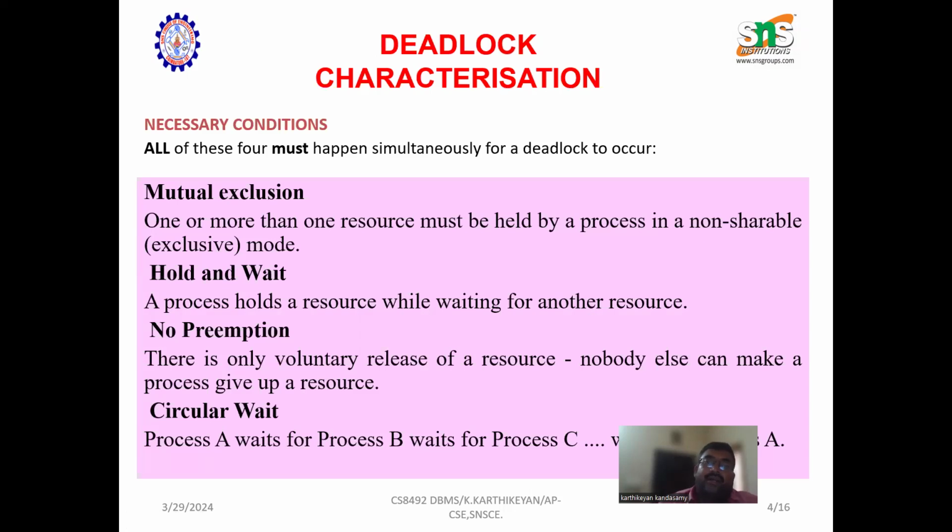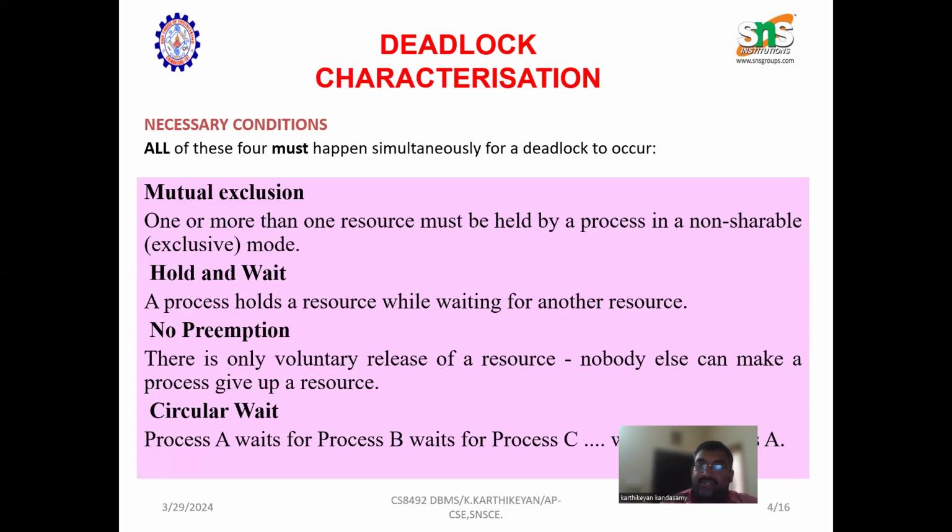So this is deadlock characterization. We have four types of characterization: mutual exclusion, hold and wait, no preemption, and circular wait. Mutual exclusion means one or more resources must be held by a process in a non-shareable, exclusive mode. Hold and wait: a process holds a resource while waiting for other resources.